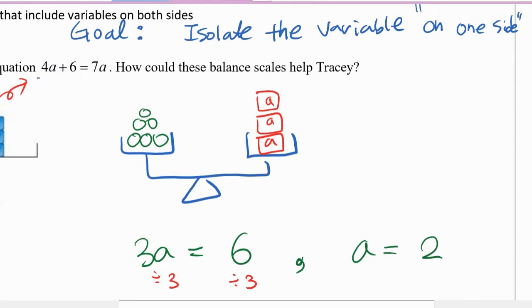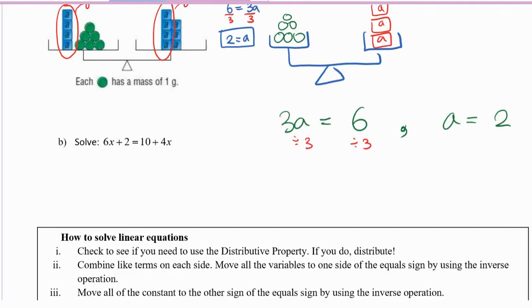So I'm going to take away 4a from both sides. Then this will be gone, and I have 6 equals 7a minus 4a, which is 3a, right? So I have the term with a isolated. We have to do one more step by dividing both sides by 3. Then a is 2. So this is how you solve the equation algebraically, okay?